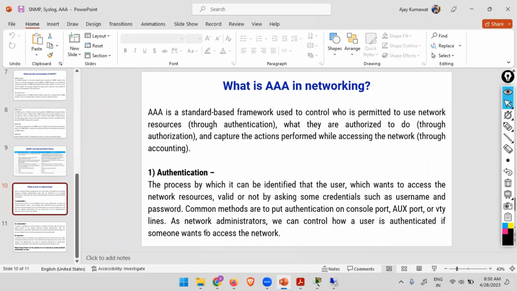Second time I showed you with the username and password with different privilege levels also, right? So as network administrators, we can control how the user will be authenticated if the user wants to access the network. So one time we authenticated using password only. Second time we authenticated using usernames and passwords. Okay.